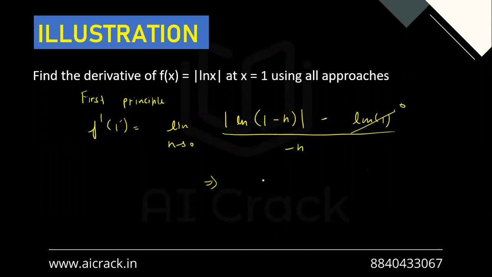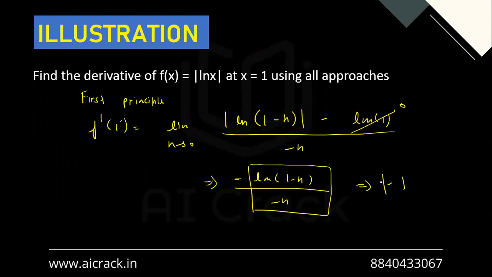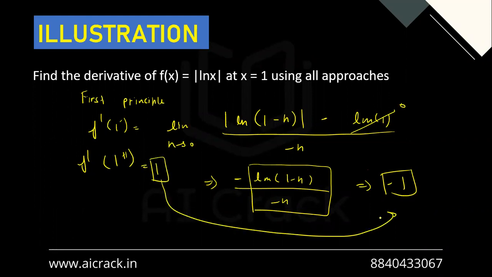This should be some negative quantity, right? So that would give me minus of ln(1 minus h) divided by minus h. Now this is the standard format, so that is 1, and with the additional minus sign over here, that would give me minus 1. So f dash 1 minus is equal to minus 1, and f dash 1 plus was 1. We can see that these two are not equal. So that is why derivative does not exist at x equals 1.